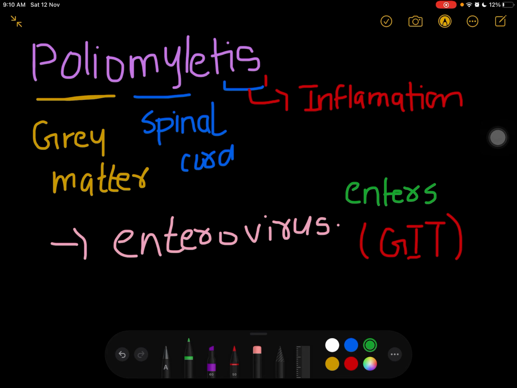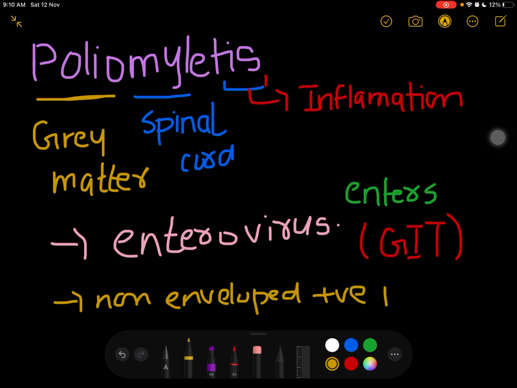So poliovirus is actually an enterovirus, right? It is non-enveloped, positive sense RNA. I have taught you what is positive strand and negative strand, and I hope that's clear to you. If you have any query you can ask me in that video. So that's non-enveloped positive RNA, right?